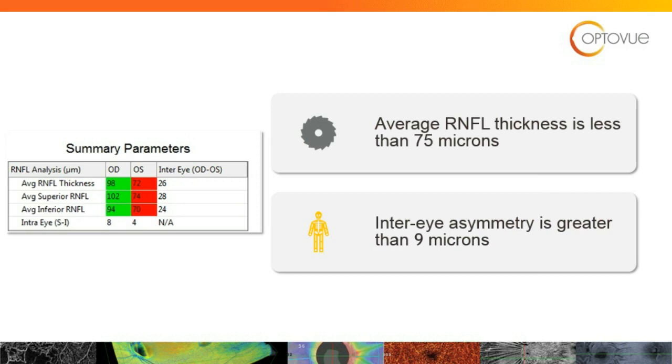And then on the bottom part, the inter-eye asymmetry is greater than 9 microns. We can see that in this particular example, and this is an obvious example. Most of the examples we deal with on a daily basis are not quite this obvious. But to bring home the point, we can see a difference in the average nerve fiber layer thickness of actually 26 between the right eye and the left eye, and that certainly raises some red flags.